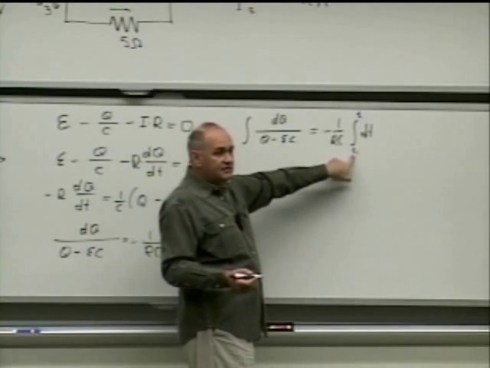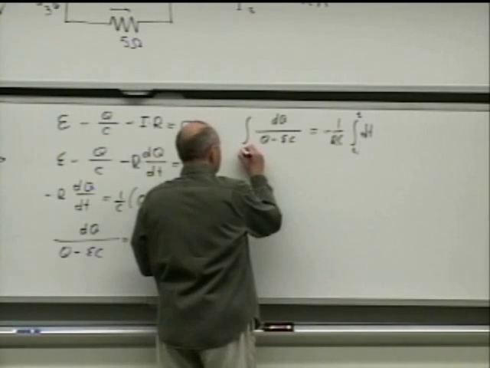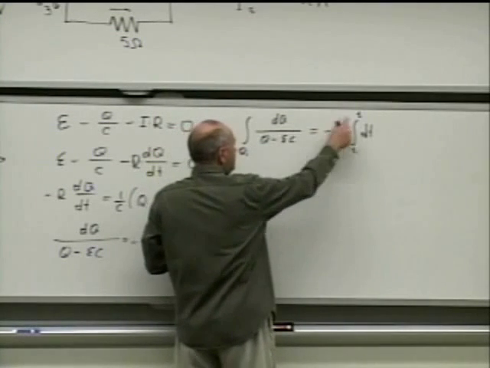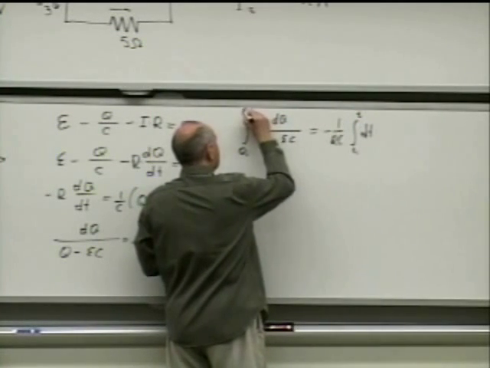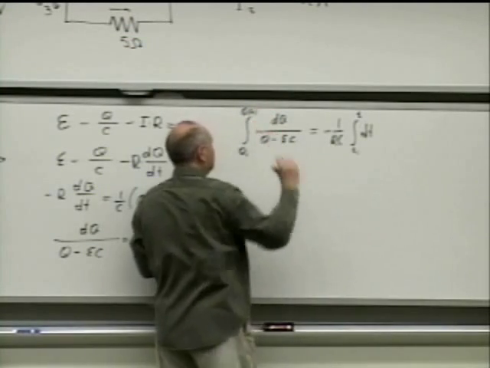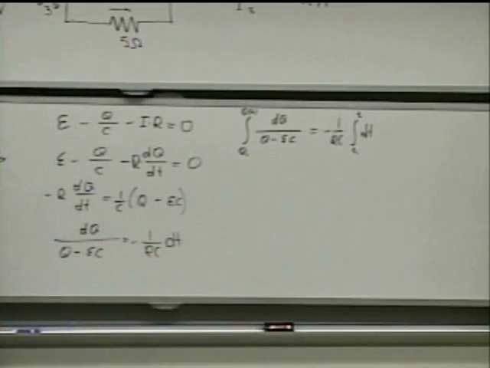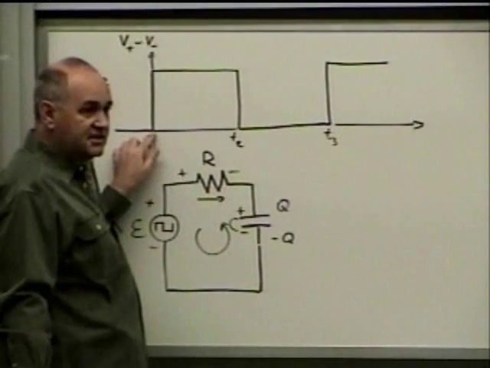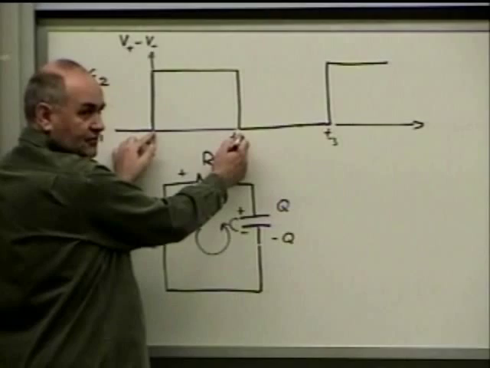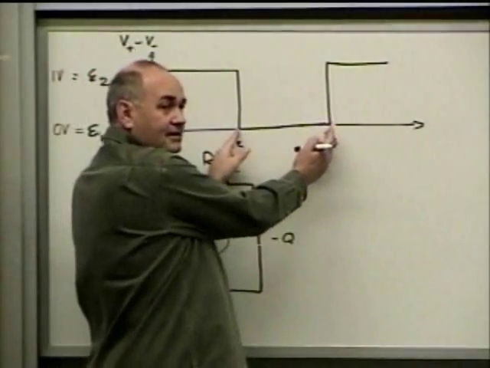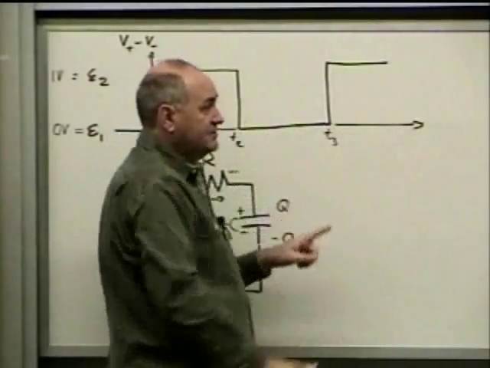Charge corresponding to this instant, I will call it initial charge, and charge at instant t. Now, initial charge is the charge on the capacitor at this instant, for this time interval, and so on.